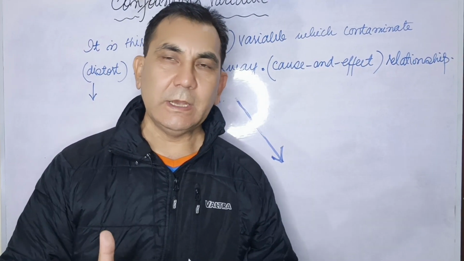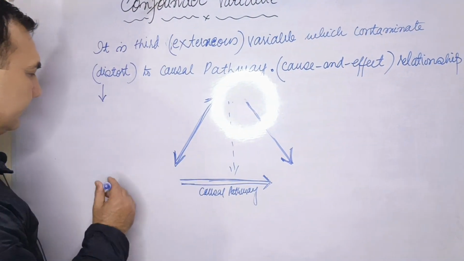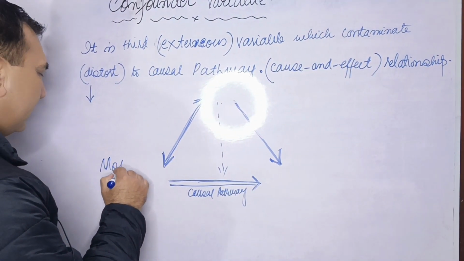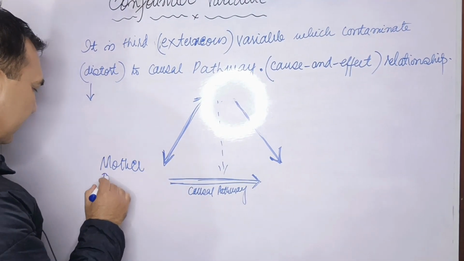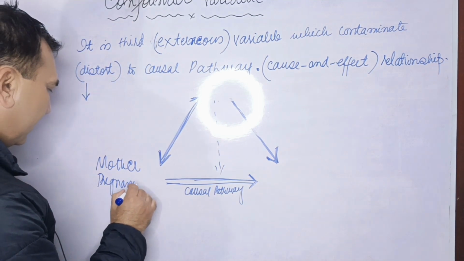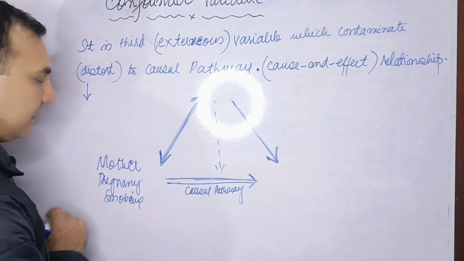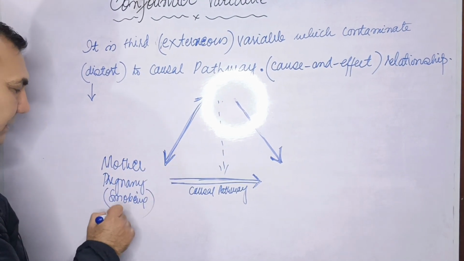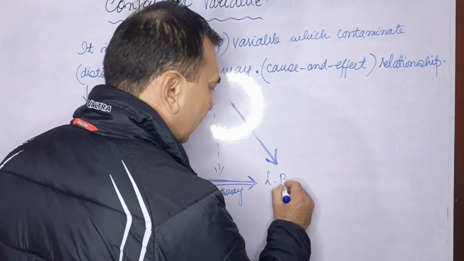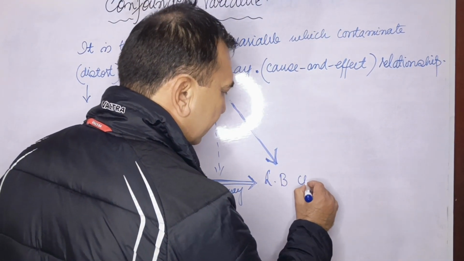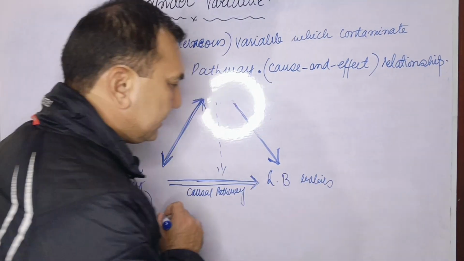Okay, let me share the third example. Mothers who are smoking during pregnancy are more prone to having low birth weight babies.